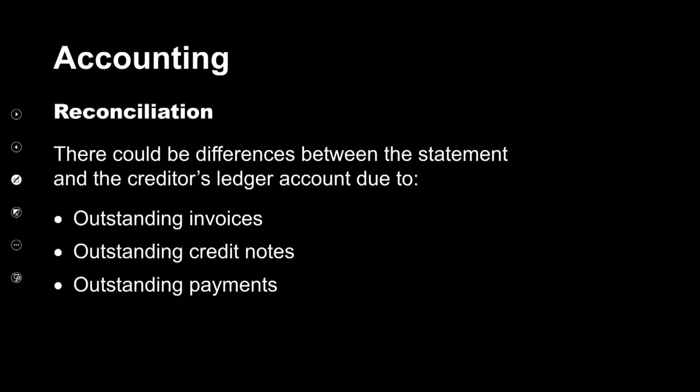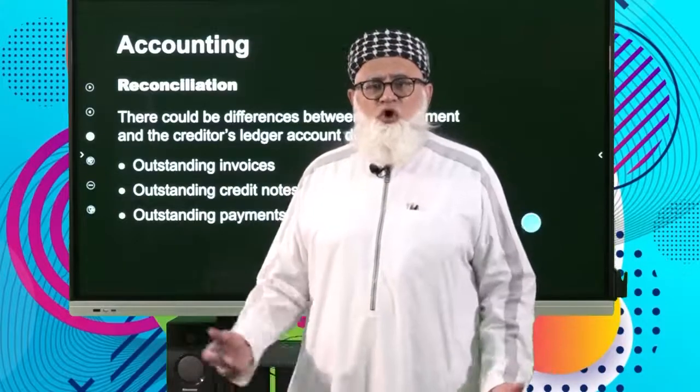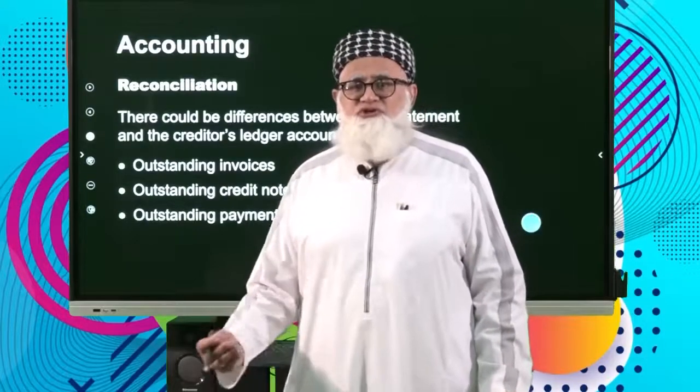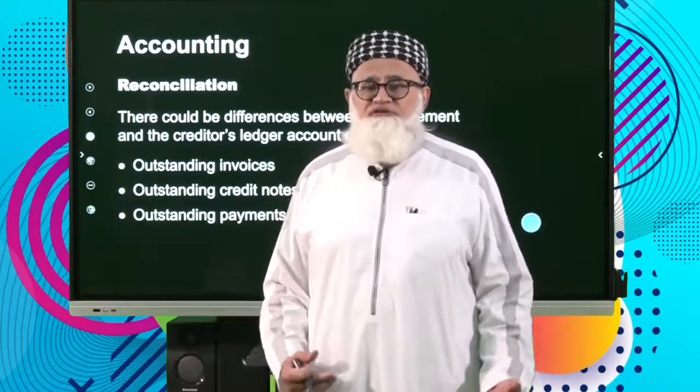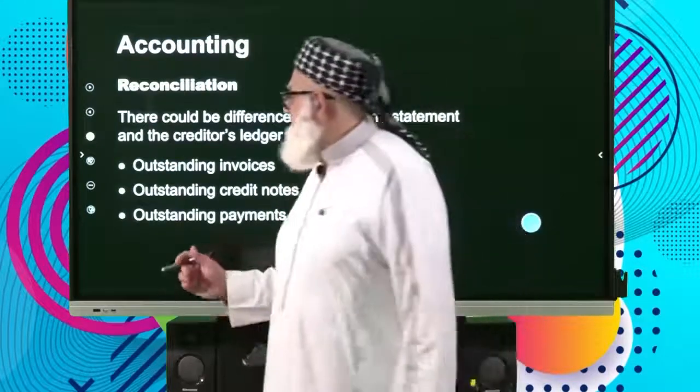Now, why is there a difference? What's causing the difference between the amount that you are saying you owe the creditor and the statement that you've received from them showing a different figure? Simple.